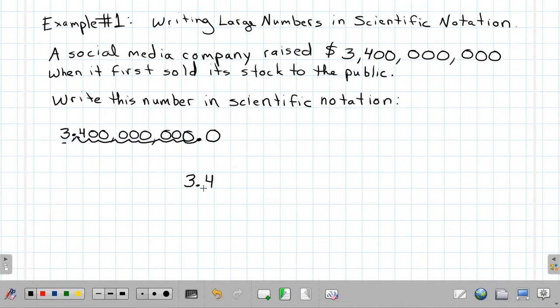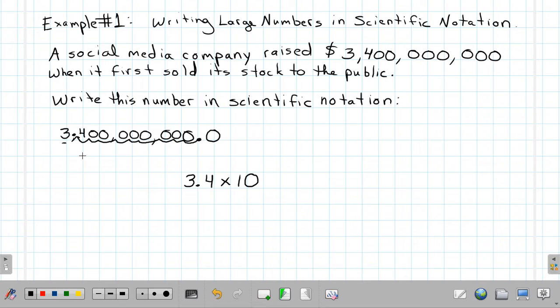But in this case, we're going to have the number 3.4 times, it's always the number 10 here, so times 10. And now we put the exponent on the 10. But in this case, we need to know, well, should that be a positive or a negative? In this case, it's going to be a 9. Once again, 1, 2, 3, 4, 5, 6, 7, 8, 9. We move the decimal 9 spaces.